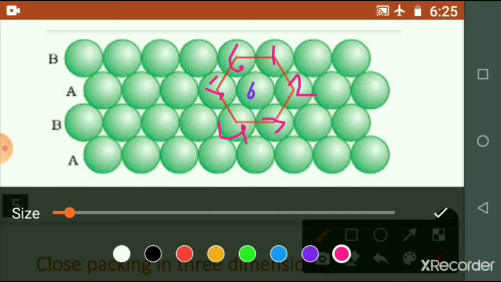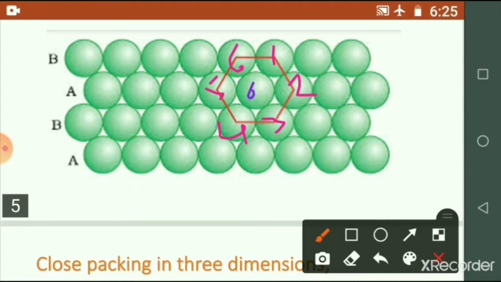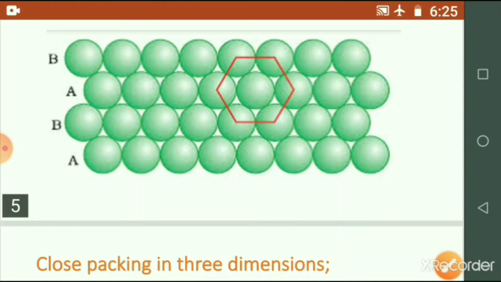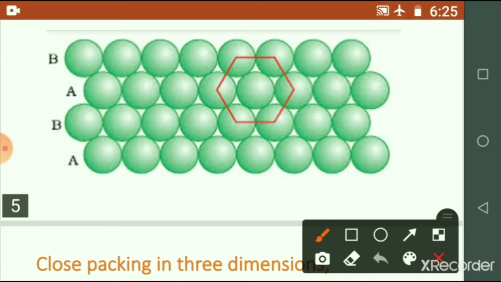So it has 6 nearest neighbors. If we join the centers of these 6 nearest neighbors, we get a hexagon. That's why we say that the coordination number of an atom in this AB type arrangement is 6, and it is also called 2-dimensional hexagonal close packing.